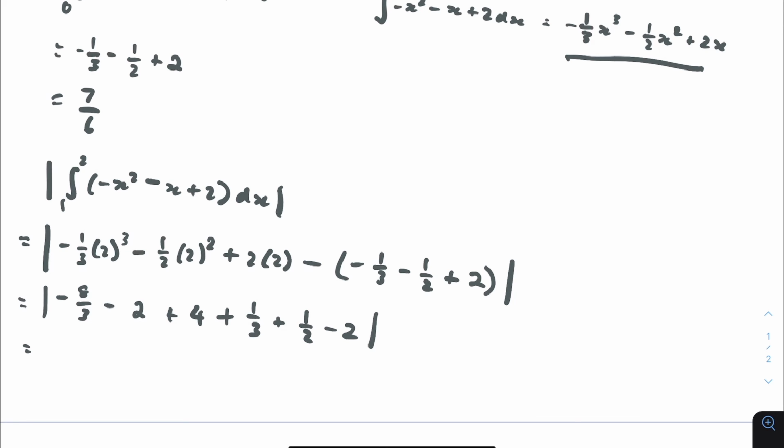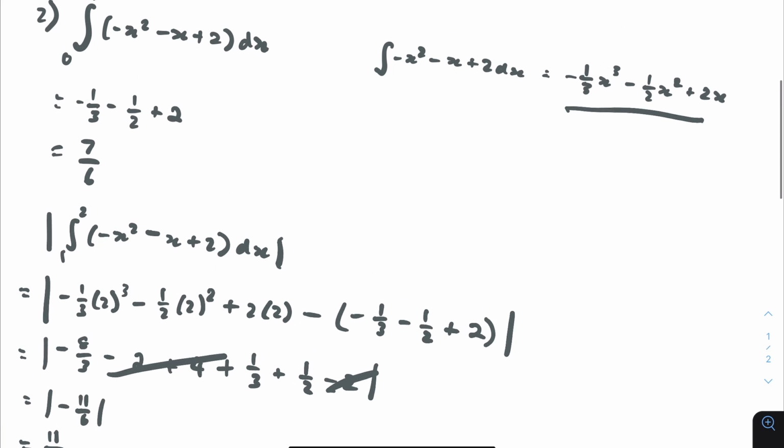Firstly, what we can do is cross these out, because they make 0. So we're only left with negative 8 over 3, plus 1 over 3, plus 1 over 2, which gives us negative 11 over 6. But it's in absolute value, so it'll become 11 over 6.